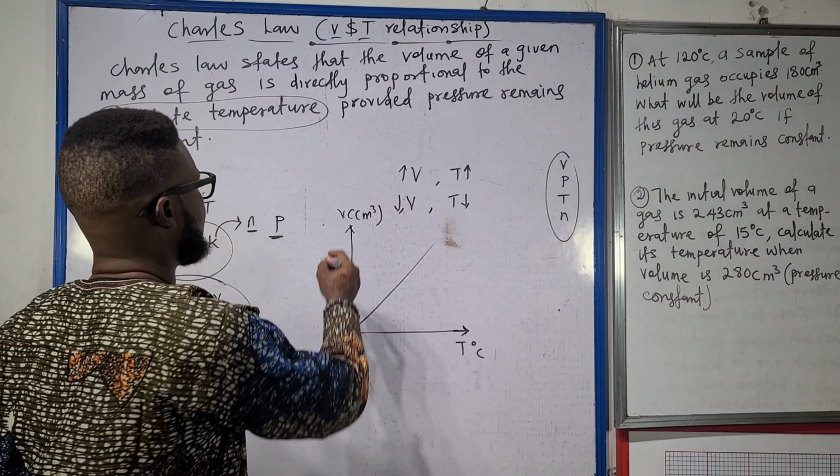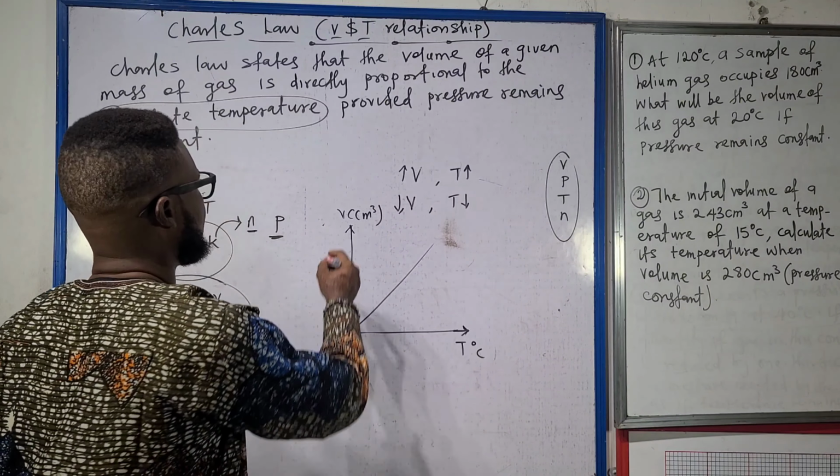Of course, this is, however, not true. This is not true simply because even when the temperature is 0, the gas is found to still have volume. Take for example, nitrogen. Even at minus 196 degrees Celsius, it still exists as a gas.